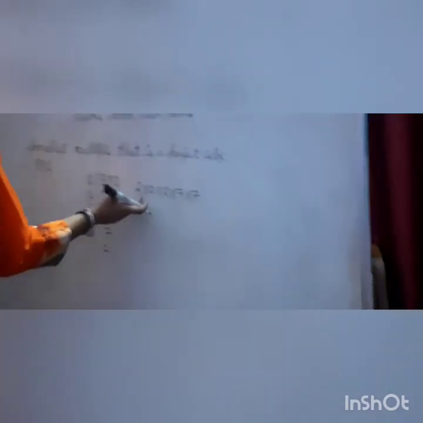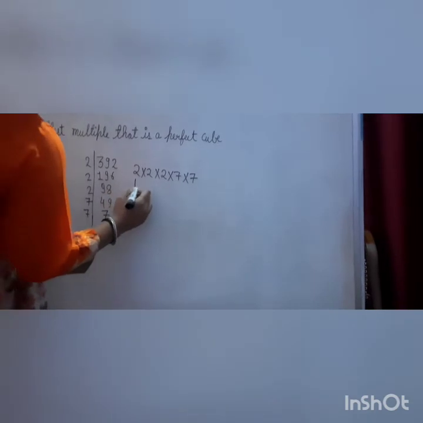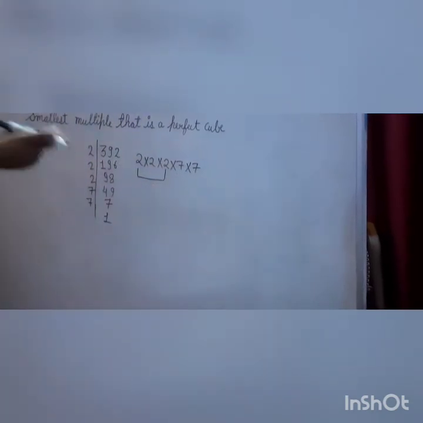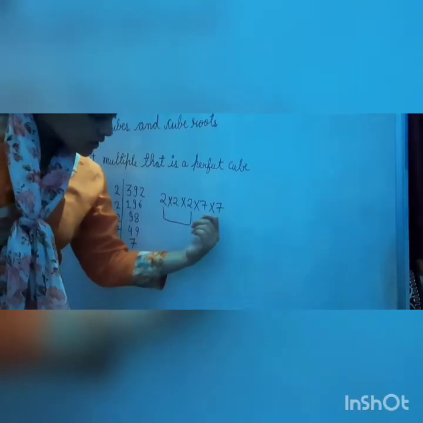Now you can see that 2 is making a triplet, but 7 is not making a triplet. For making it, there are only two 7s.